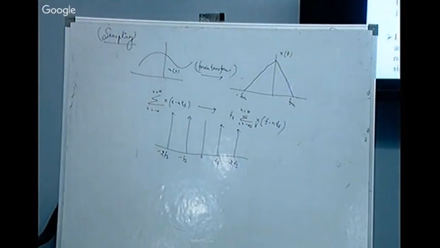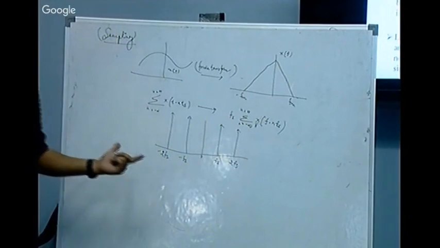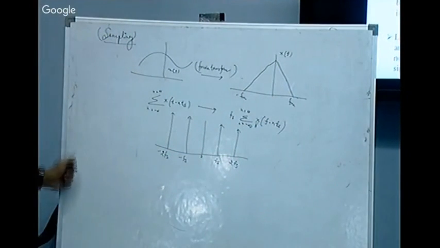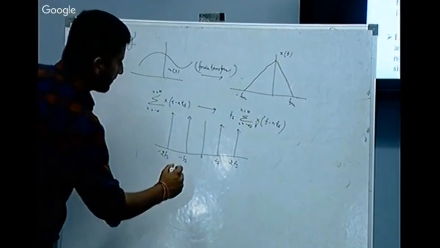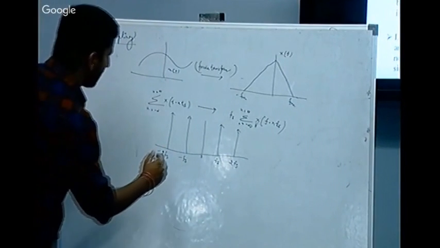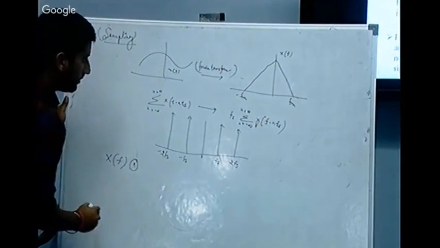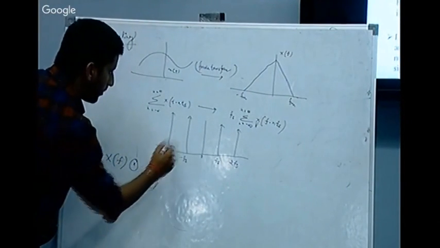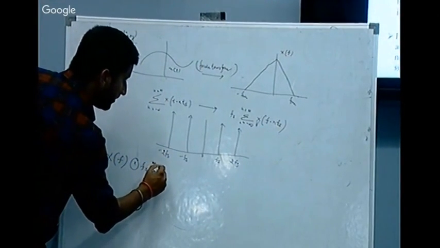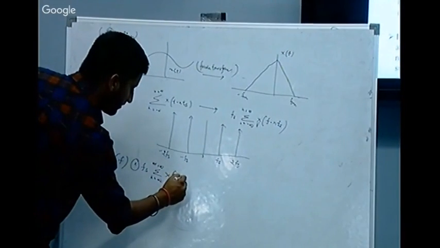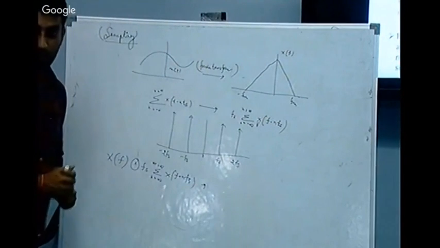This is my impulse train signal, and I am now convolving my signal with this in order to do the sampling, in order to convert it into digital form. After convolving my signal X(f) with the impulse train, which is fs times the summation from n equals minus infinity to infinity of X(f minus n fs), the train of signal I get will be like this.